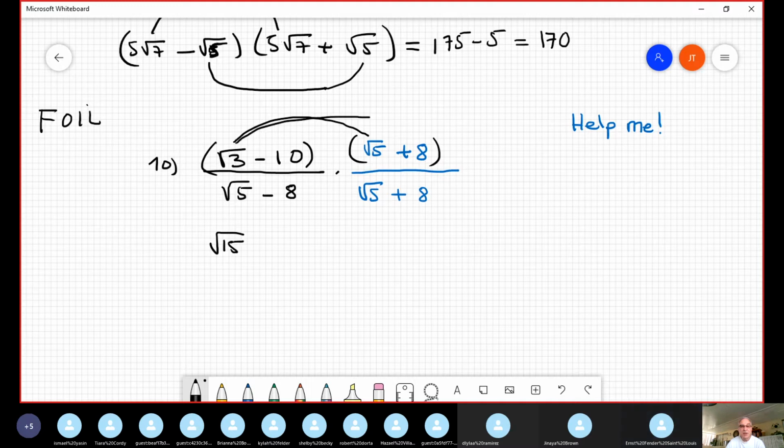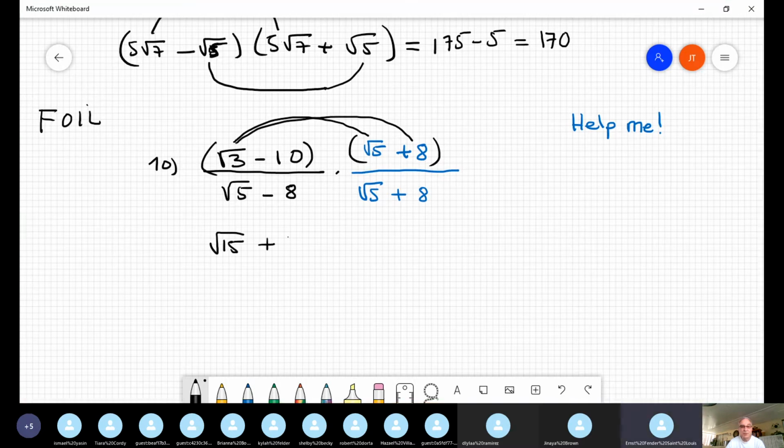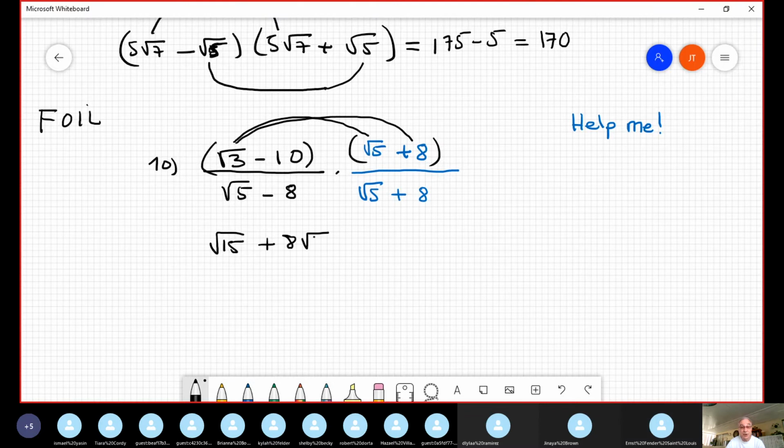Radical 3 times 8 is 8 radical 3, sorry, not 15. 10 times radical 5 is minus 10 radical 5. And unfortunately, different radicals we cannot combine. Divided by something.